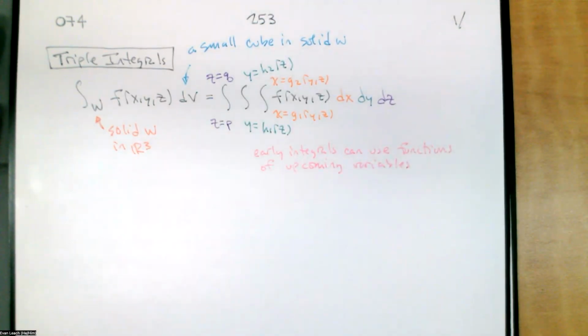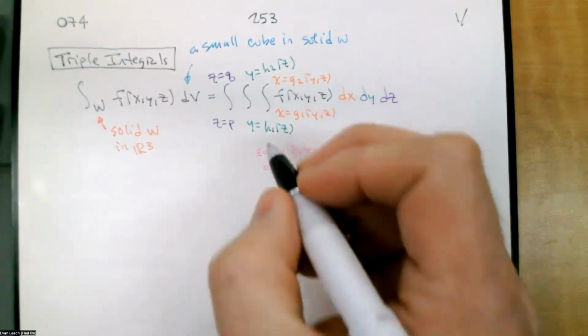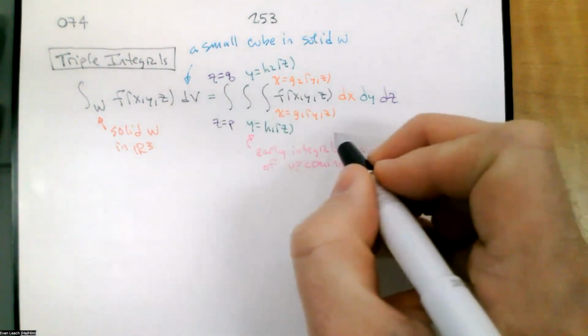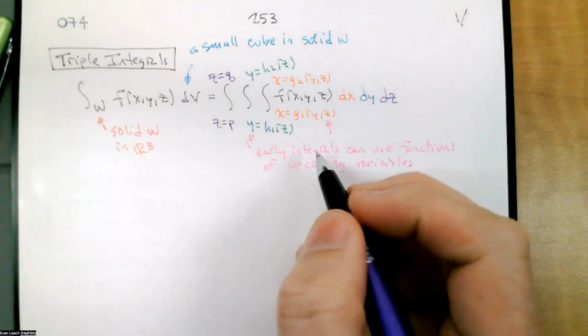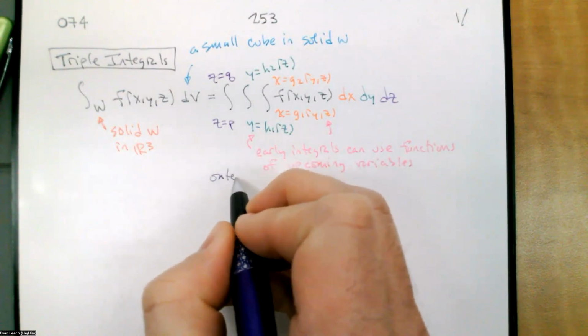So for x, we can have functions of y and z. For y, we can use functions of z. But the last integral, the outer integral, only gets to use constants. So here's y using z, because z is upcoming. Here's x using y and z, because y and z are upcoming. But the outer integral only gets constants.